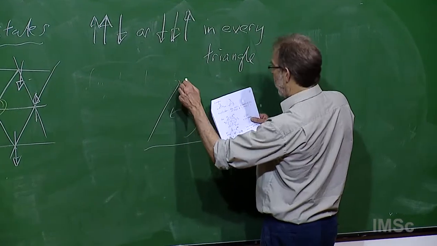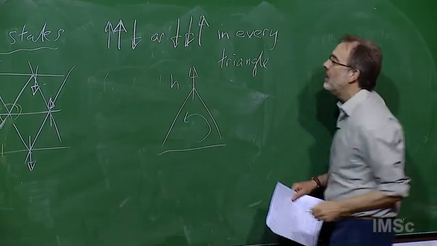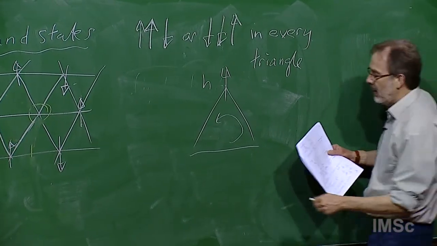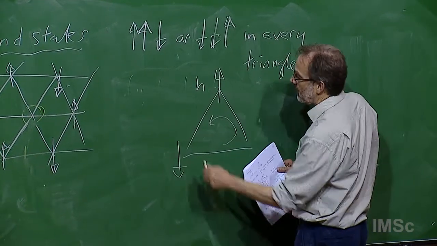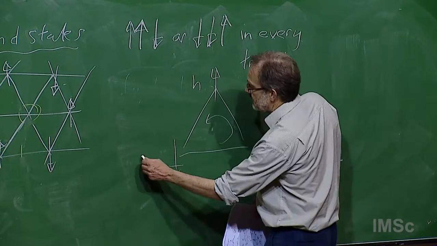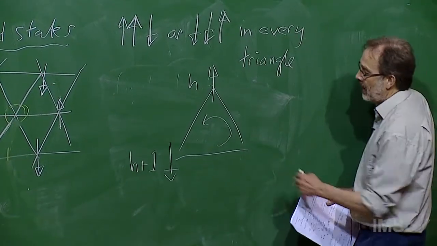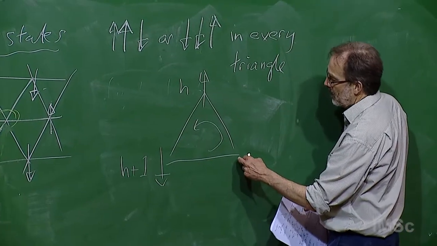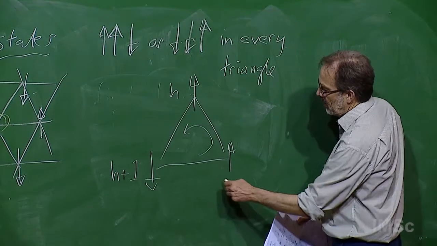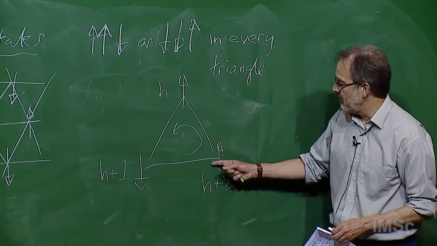And if I start with this spin up and I say that I have a height h at the top of the triangle, and if this spin is down, then this bond is unfrustrated, so the height goes up to h+1 here. And then if this spin is up, I go up to h+2 because this bond is unfrustrated.